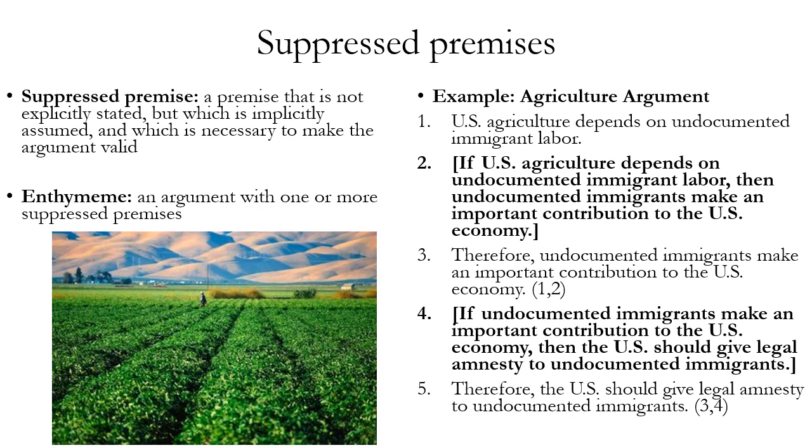Similarly, we have to add another premise here, line 4, to validly deduce the conclusion, here, line 5. If undocumented immigrants make an important contribution, then the U.S. should give legal amnesty to them. And you'll notice each of these premises we've added, while they do make the argument logically valid, they actually fill the logical gap that previously existed in the argument. They are new assumptions that may themselves require justification.